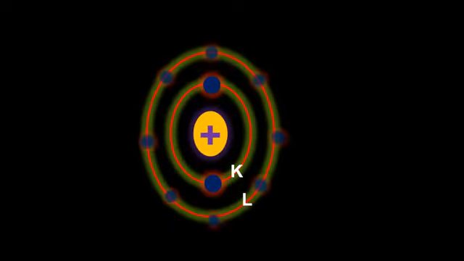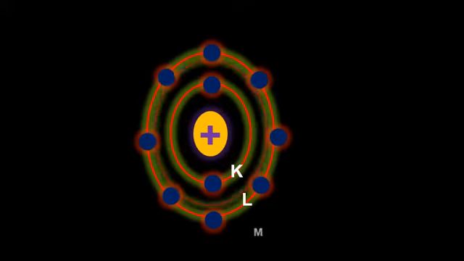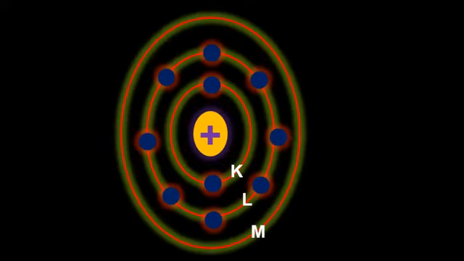This can be represented by an atomic structure like this. An atom has a nucleus. Consider a sodium atom again. It has a K energy level with 2 electrons, an L energy level with 8 electrons, and an M energy level with 1 electron.